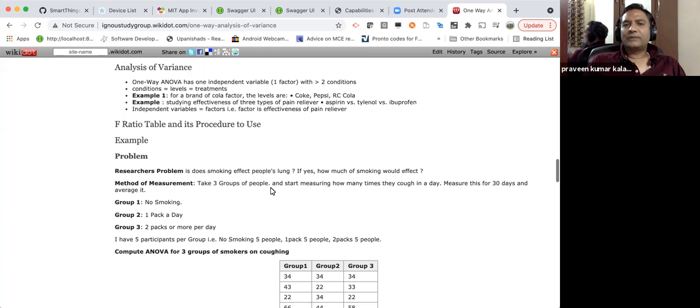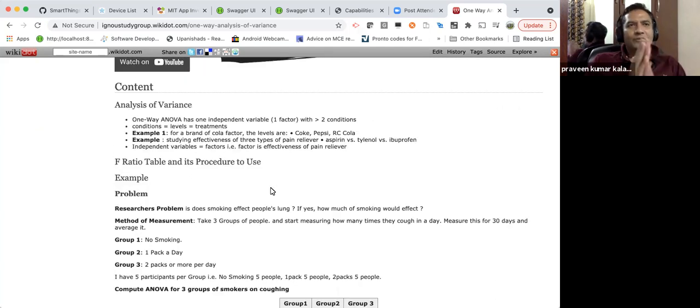Say you have 5 individuals who don't smoke. Can you simply compare and say, I have person A who doesn't smoke, person B who smokes one pack of cigarettes, and person C who smokes 2+ packs?